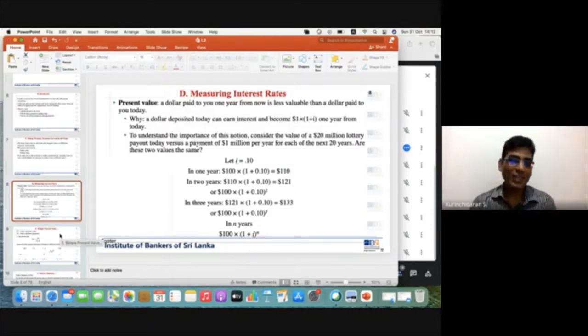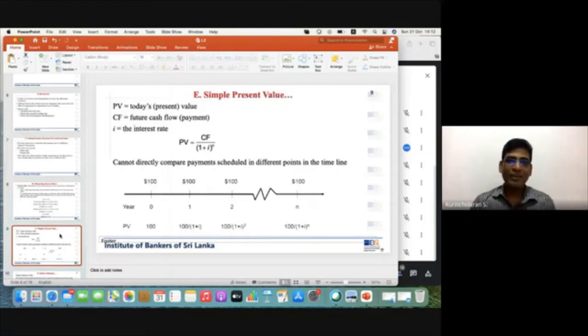Okay, so this is present value. Now you know what present value is and how we link a present value with the future value. That is the interest rate we have learned here. In a simple present value, you might have different ideas as well, like a sequence of cash flows.